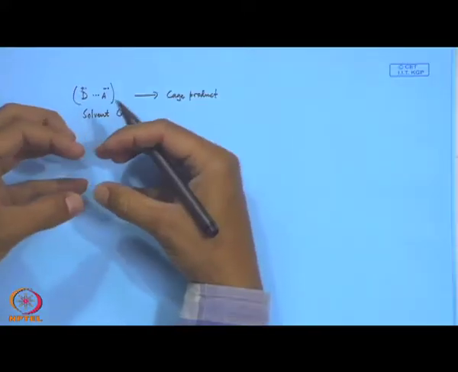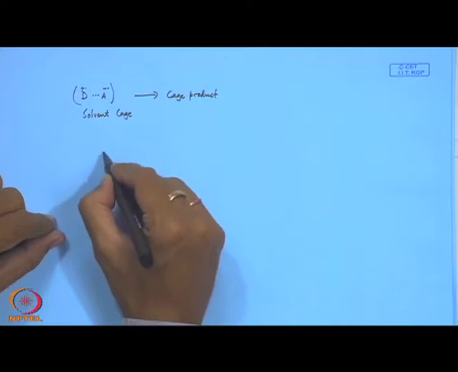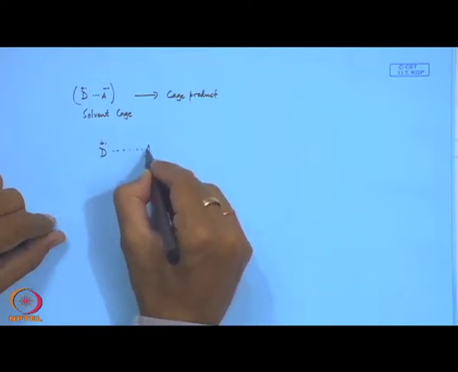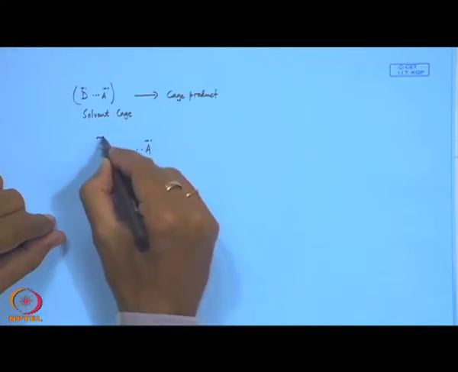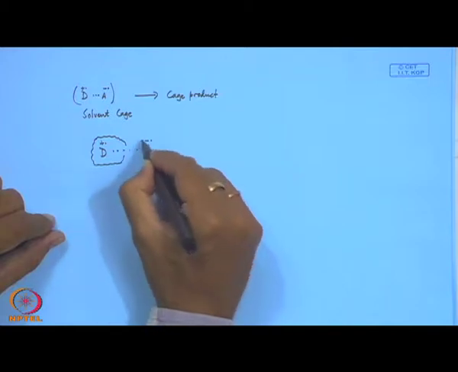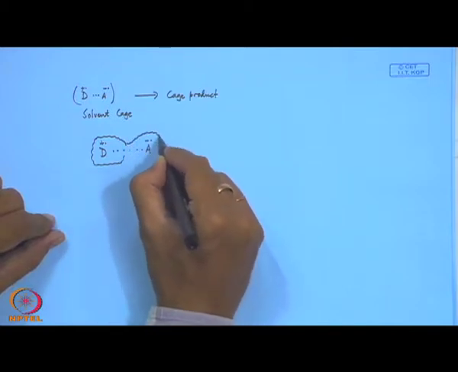Or maybe parallel processes could also occur: due to thermal motion, the solvent will separate this D plus dot and this A minus dot. Solvent is penetrating like this because of thermal motion and trying to separate them out.